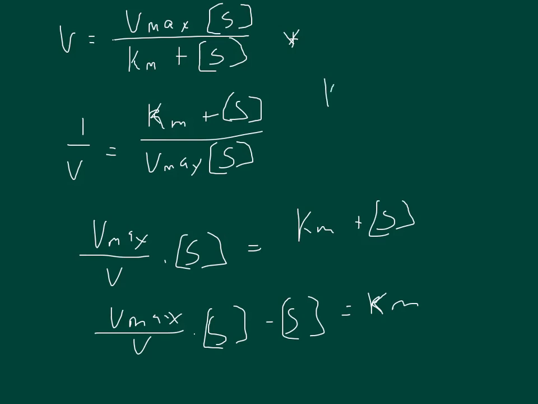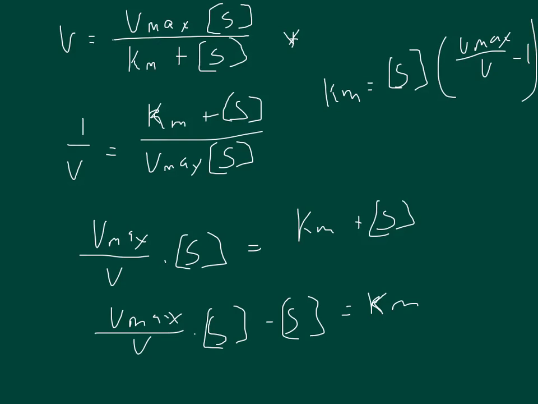And you can actually simplify this even further by factoring out the S. So you would get Km is equal to S times Vmax over V minus 1. Now we're going to do something kind of fun. We want to set Km equal to S, and we can do that by making this term equal 1. So what would make this term equal 1? Well, Vmax over V has to equal 2, because 2 minus 1 equals 1.